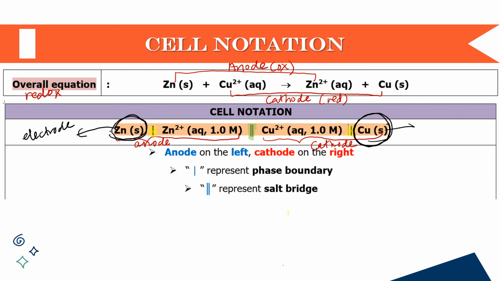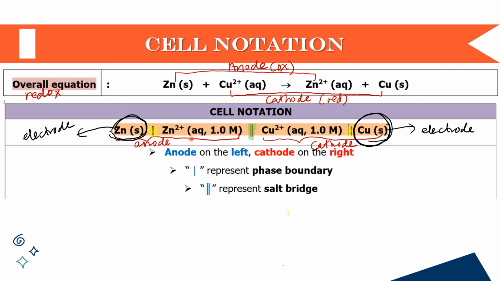At the end, we must have our electrode over here, and in the middle here, we have our electrolyte. So at the end, it is compulsory, must be solid. Electrode on the left and on the right hand side, and in the middle is your electrolyte. The phase over here is compulsory. You must write it down.